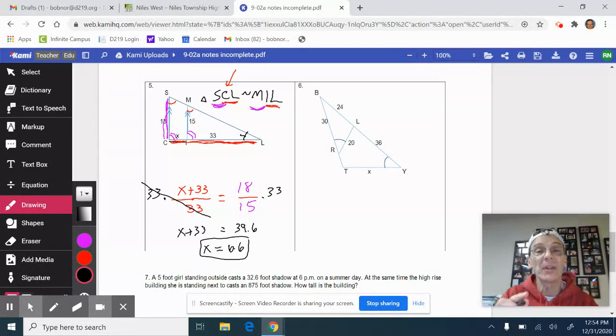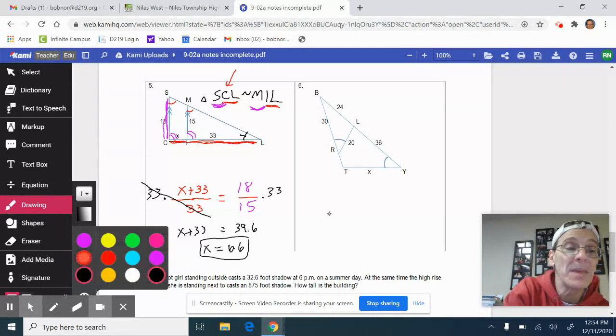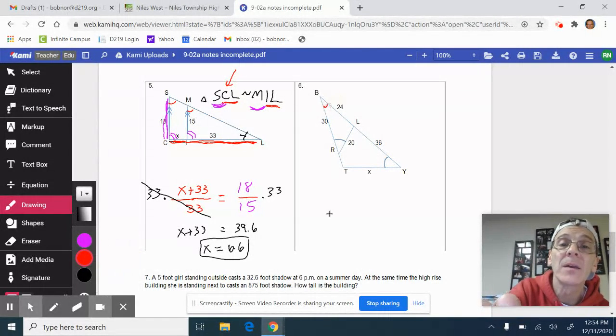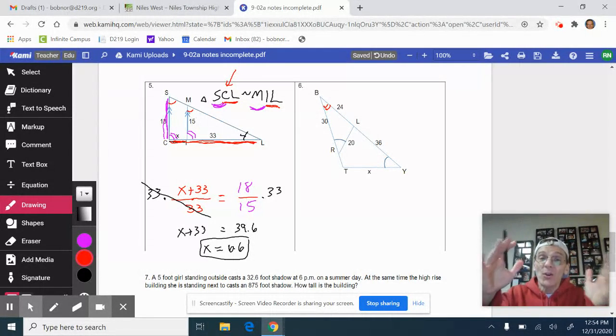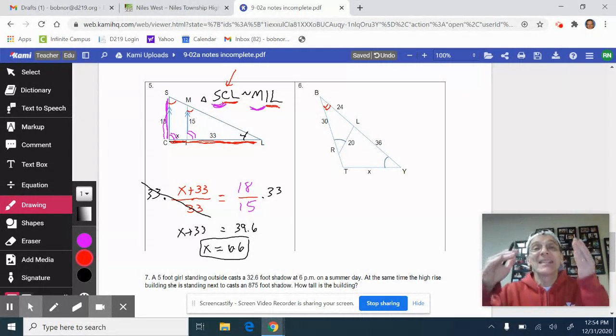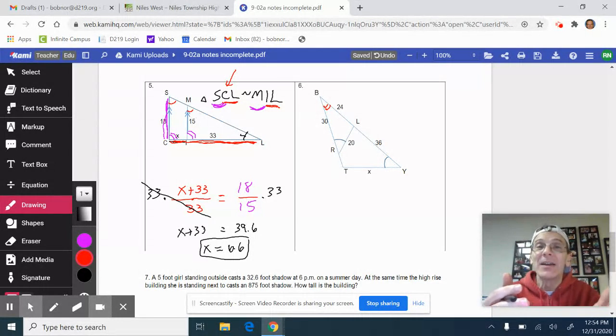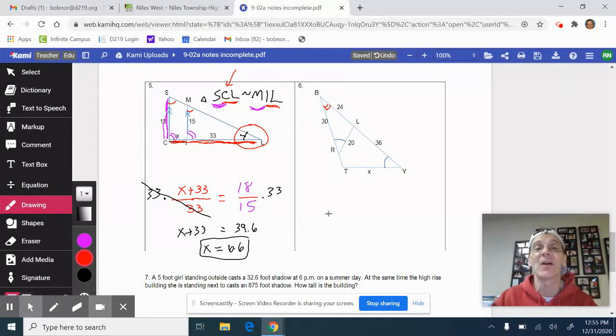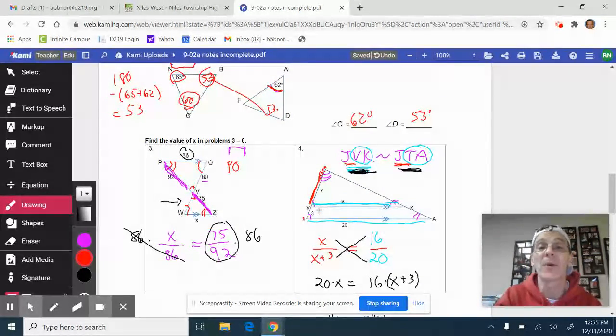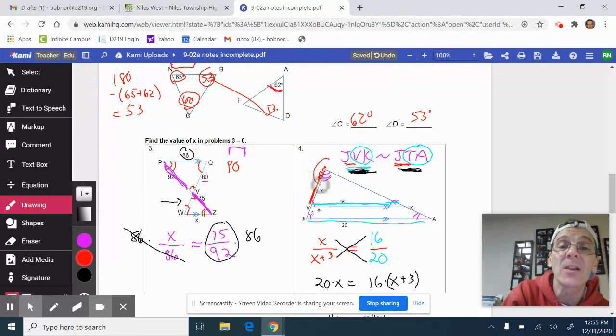But I think what's clear here is that angle B is part of the little triangle BLR, and angle B is also part of the large triangle BTY. It's the same angle B. It's congruent to itself. Just like over here in this problem, angle L was congruent to itself. And in the previous problem, the one before that, this angle up here, angle J was congruent to itself.